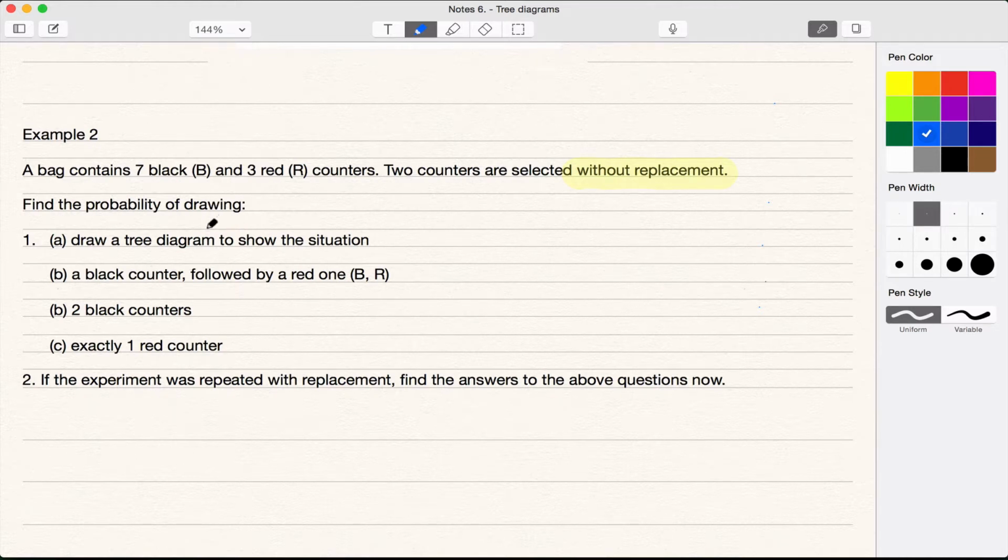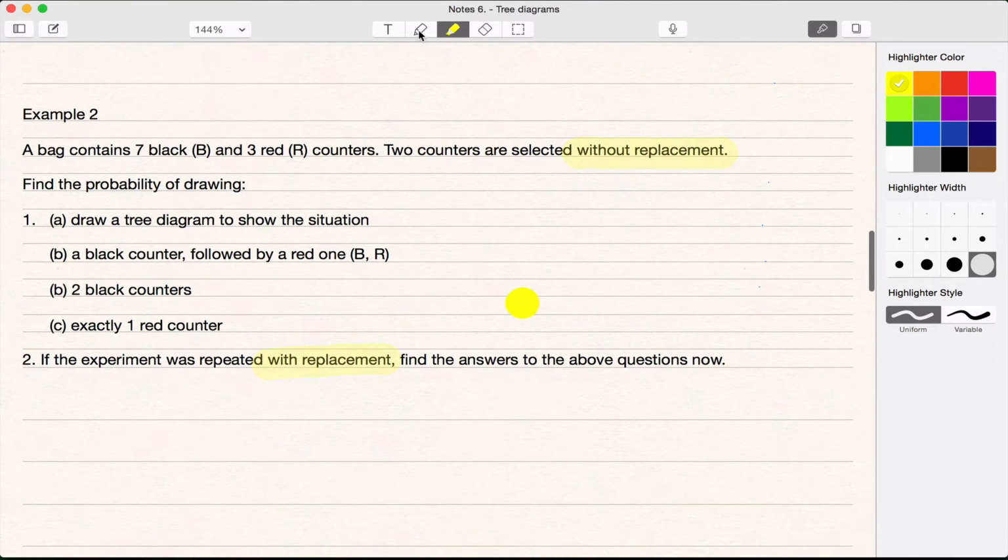First of all, draw a tree diagram, and then find the probability of drawing a black counter followed by a red one, which would be BR, 2 black counters, or exactly 1 red counter. Part 2 of the question is if the experiment was repeated with replacement, find the answers to the above questions now.